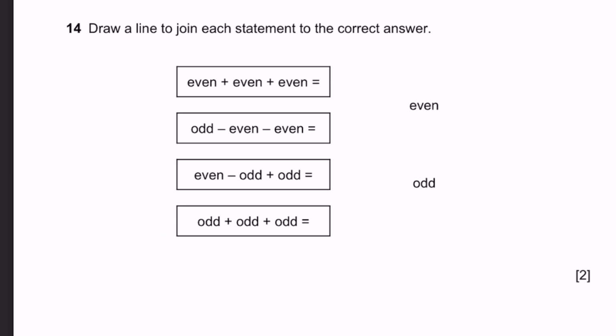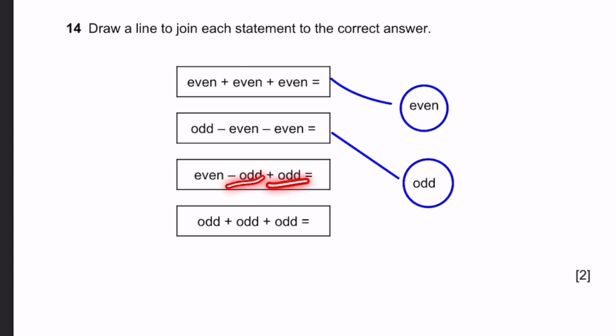Question 14. Draw a line to join each statement to the correct answer. Even plus even plus even equals? It's always even. Odd minus even minus even. So odd minus any number of evens is always odd. Even minus odd plus odd. So minus odd plus odd, that means odd minus odd.